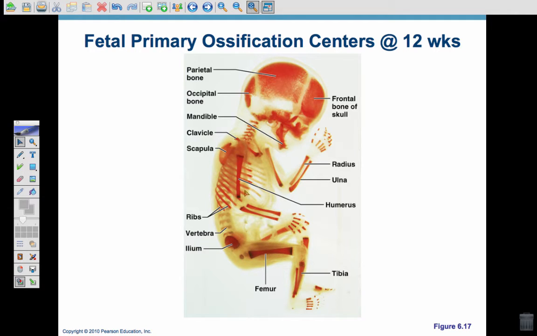So we're talking about 3 months of age, very clear humerus, radius, ulna, femur, tibia and fibula, at least part of the pelvic bone, the ilium, ribs, very distinct ribs. Notice that the cranial bones are established, but there are still very large joints that sit between them called sutures. Ultimately, the bones will fuse together, of course, but that doesn't happen until after birth.